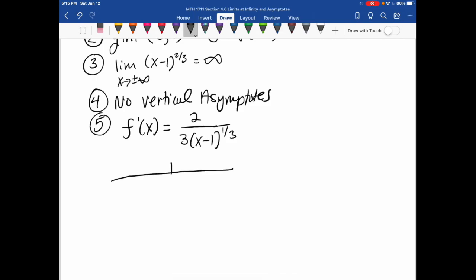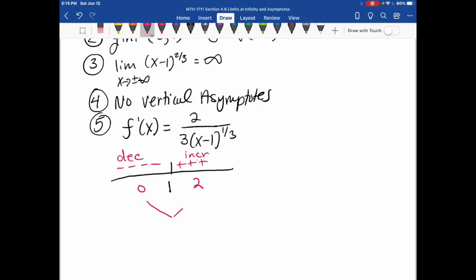So we're going to put 1 on a sign chart, and we're going to do test points. If I use the test point 0 on the left side and say 2 on the right side, and I plug those numbers into the derivative, I'm going to get negative on this interval, which means it's decreasing. And then when I plug in 2 into the derivative, I get positive, which means it's increasing.